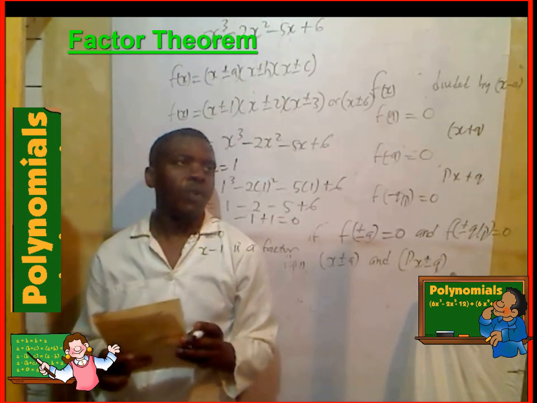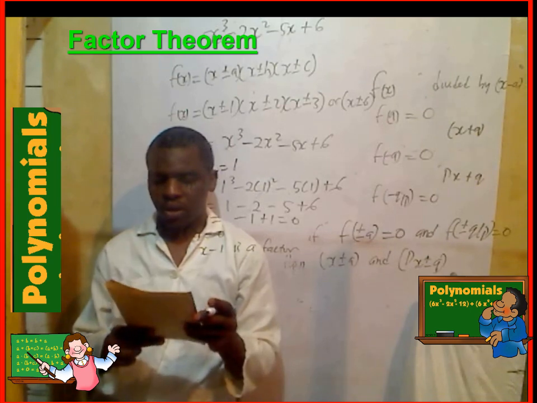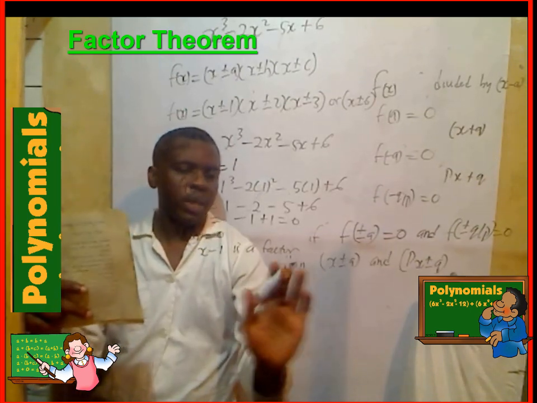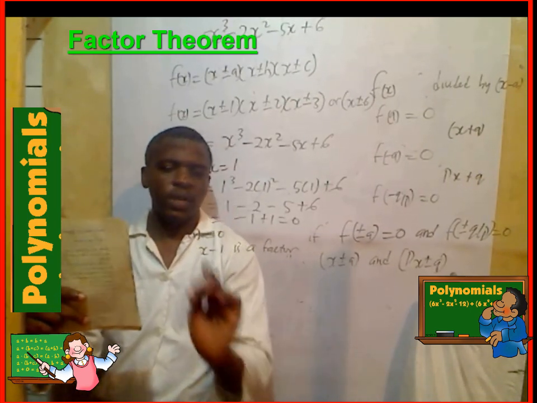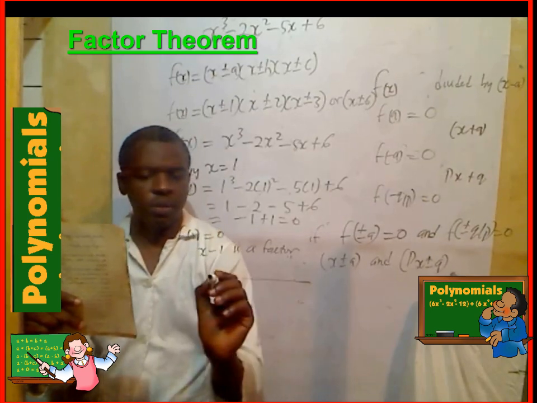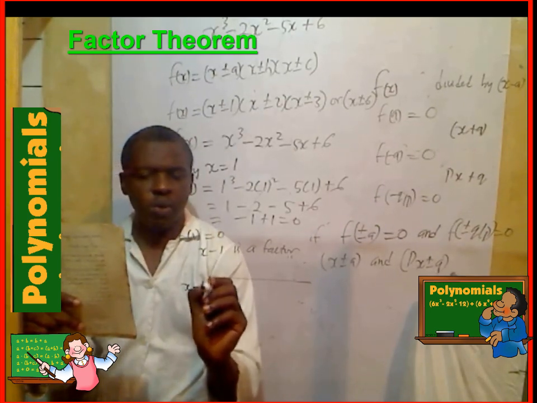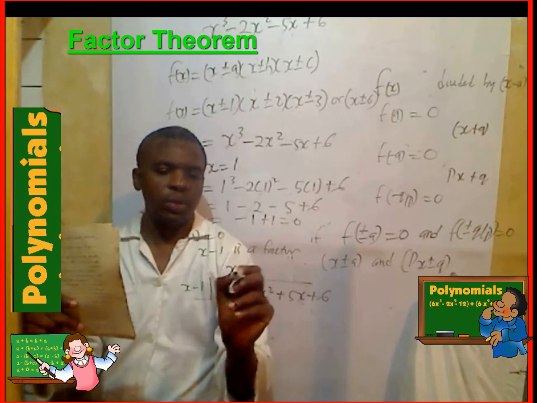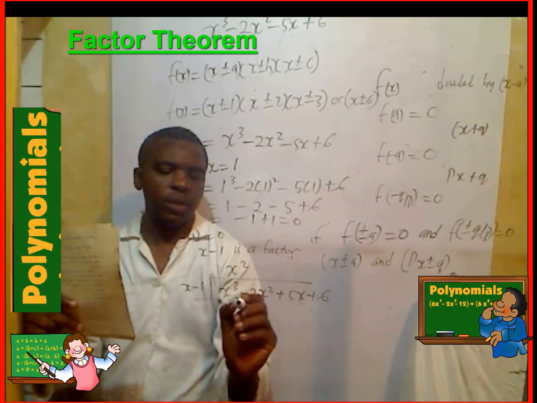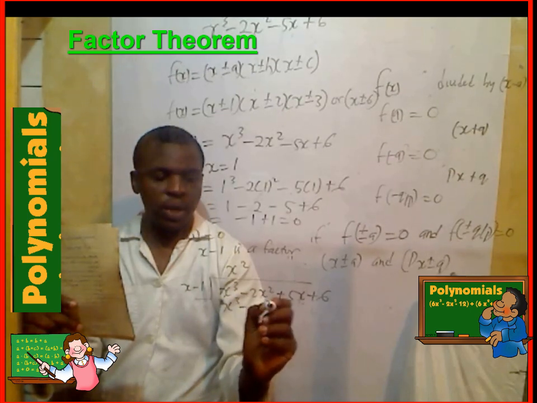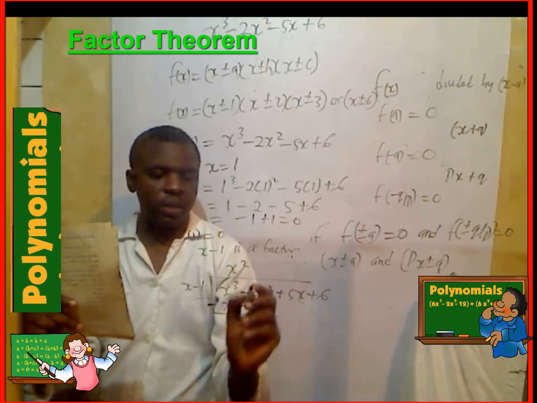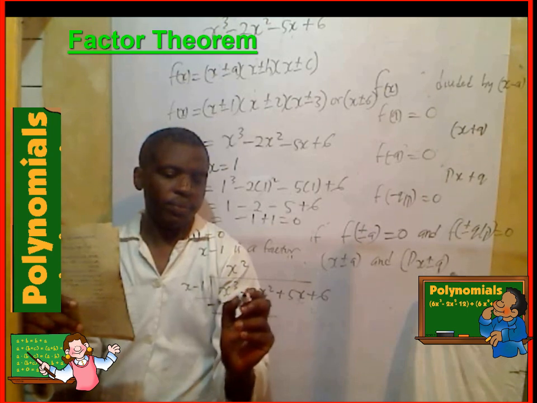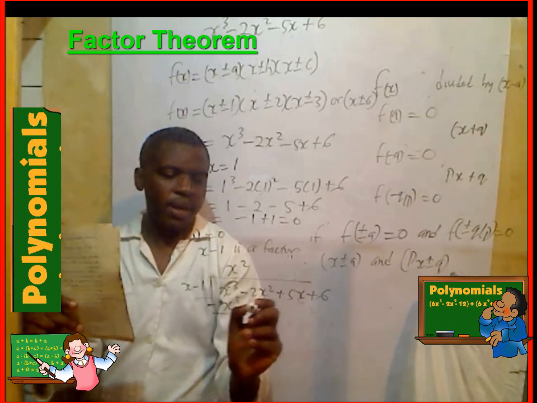So for us to get the other factors, we divide our polynomial by this factor, x minus 1. X goes into x cubed, that will be x squared, x cubed minus x squared. Subtract, this will give me minus 2x squared minus x squared.